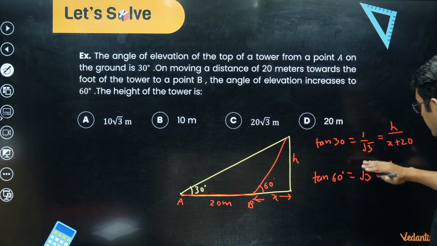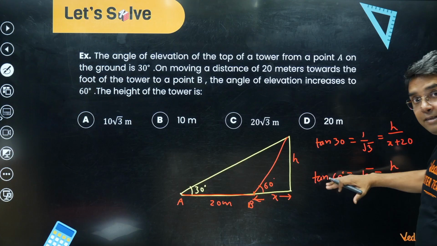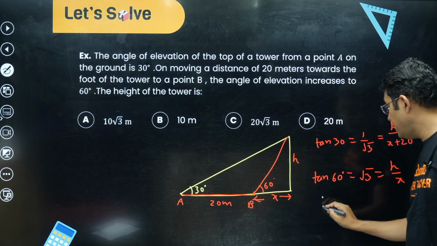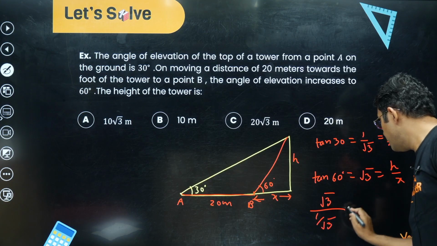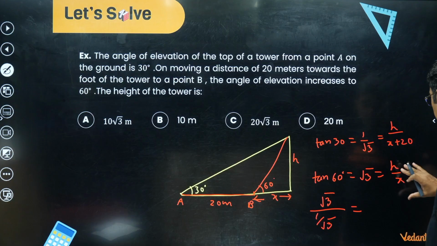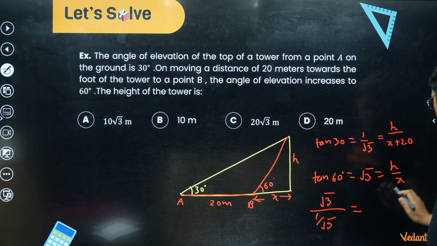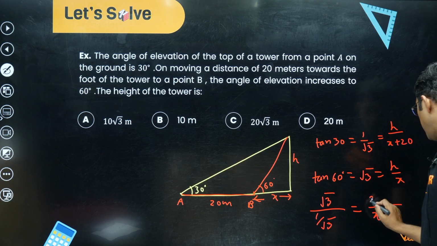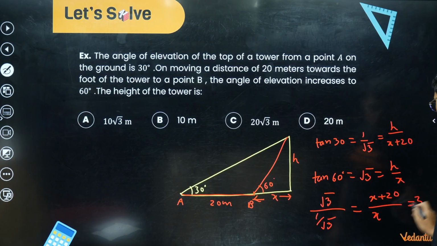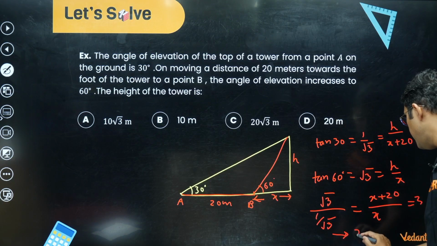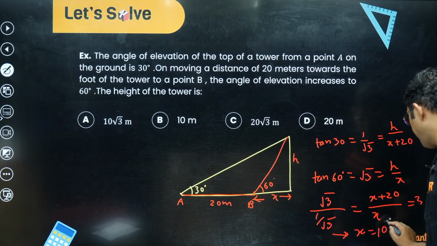Now if I divide this upon this, tan 60 upon tan 30, that means root 3 upon 1 upon root 3, this will be x plus 20 upon x, and this is actually equal to 3. So cross multiplication and solving, x gives you 10.